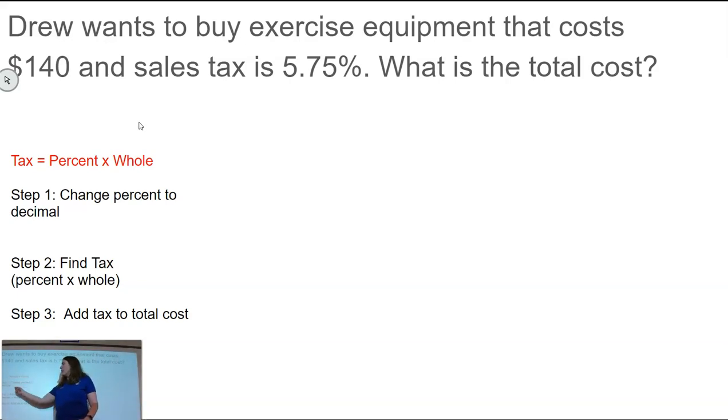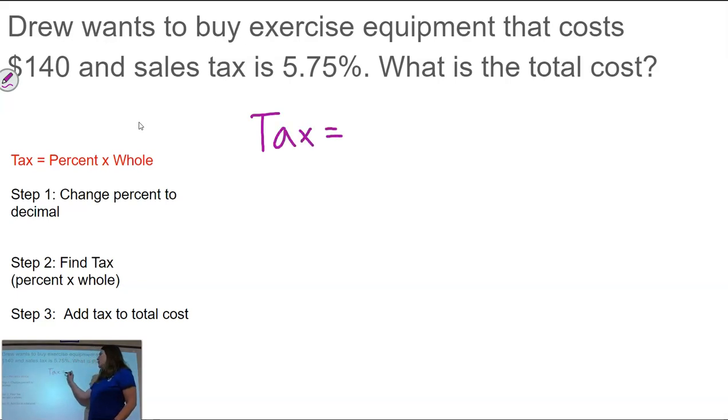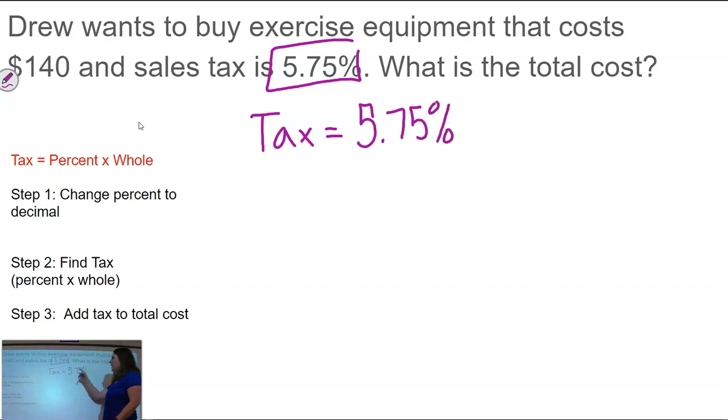I am trying to figure out what my tax is, so I'm going to put tax equals my percent, 5.75%, times my whole, or how much the total is, so 140.